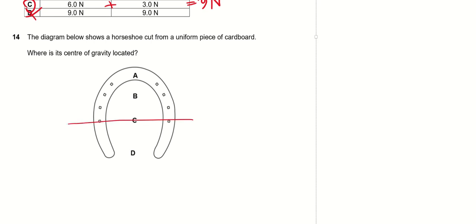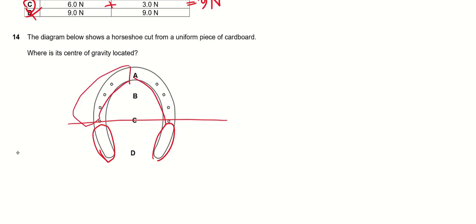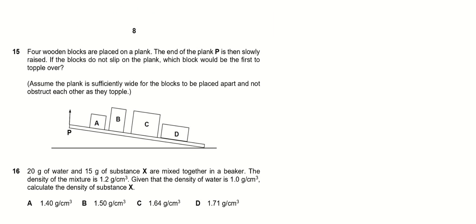Because if I were to cut it at C, you'll find that I only have this amount of material there, right? And on top, I actually have more material, right? So it must be somewhere at B. So answer is B. Cannot be at A, because that means this part would be the center of gravity. I think you can sort of figure it out yourself.